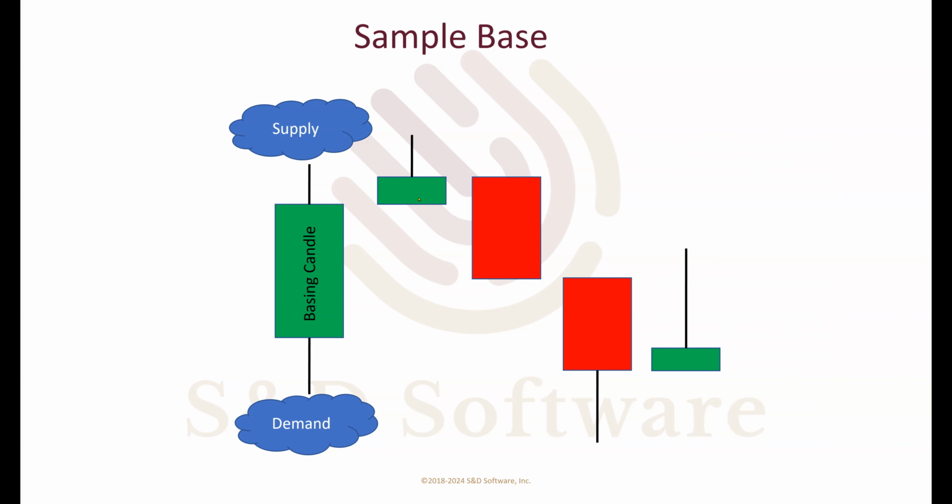The candles that follow the basing candle all close between the high and the low of the basing candle. Price made an attempt to break out of the base to the upside, but that supply squashed it. Price then made an attempt to break out to the downside, and again the demand rebuffed that attempt and pushed things back up. This is what traps price in the range of the basing candle, forming the base.